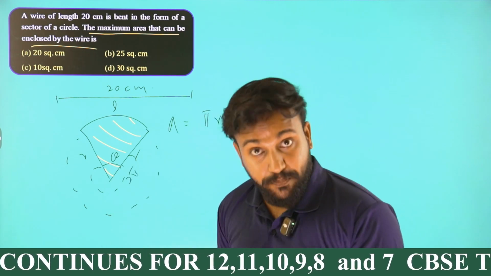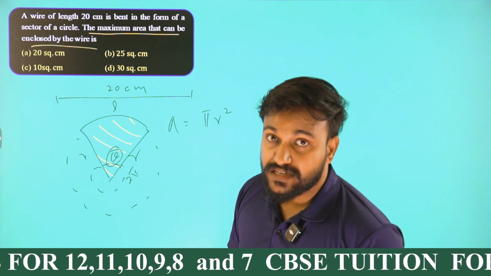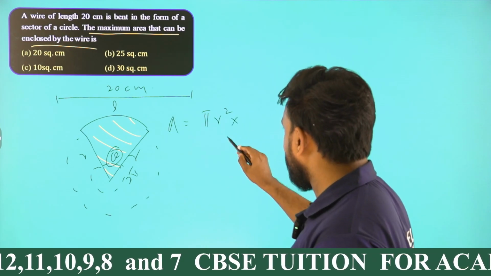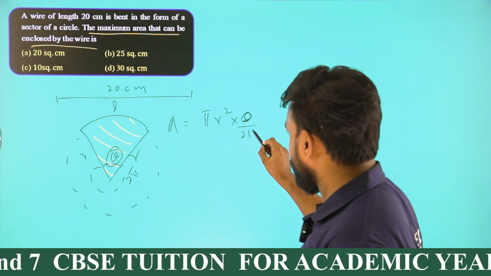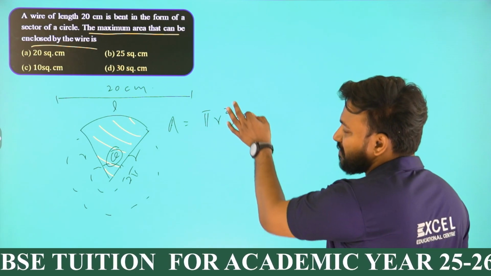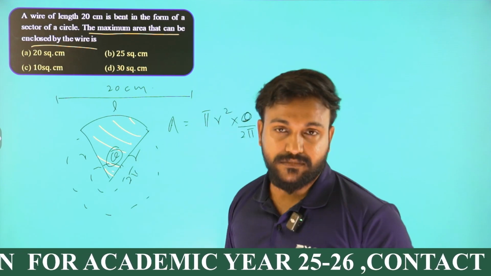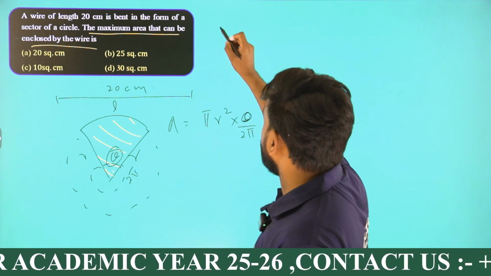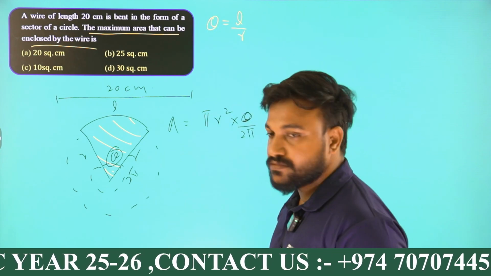Out of that 2 pi angle, we only have theta. So we have to multiply by theta over 2 pi. So pi r square into theta by 2 pi will be the area of this sector with the angle theta. So how to get the angle theta? You have to know theta is equal to L by R, arc length over radius.